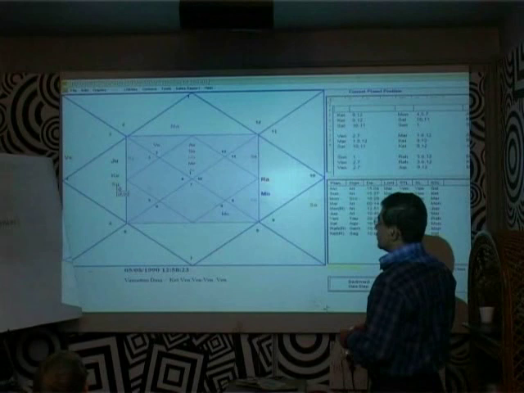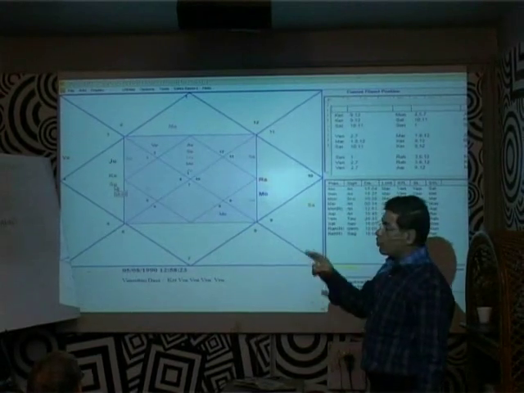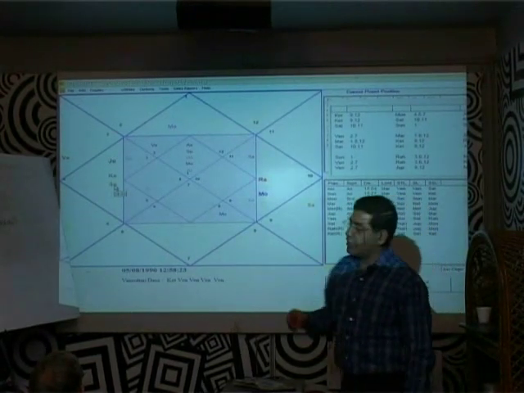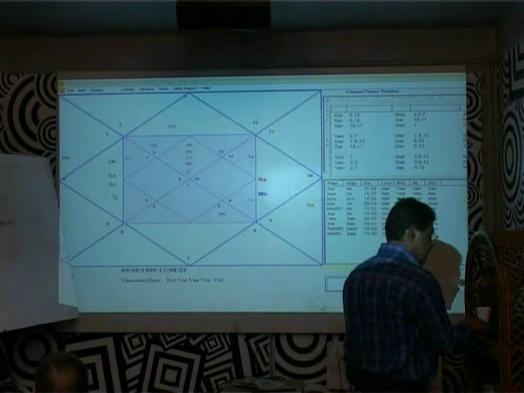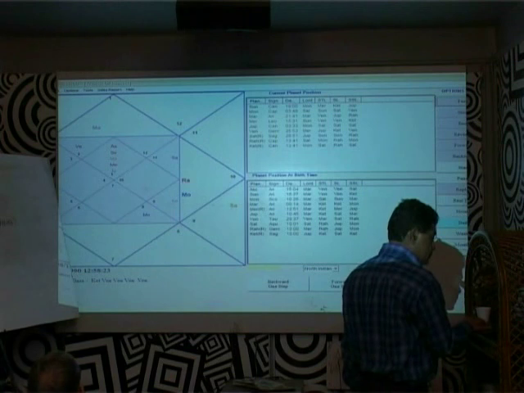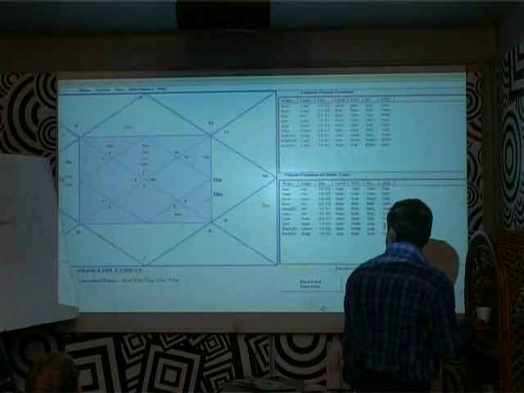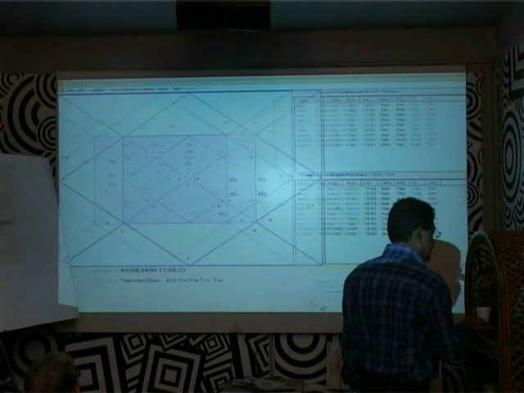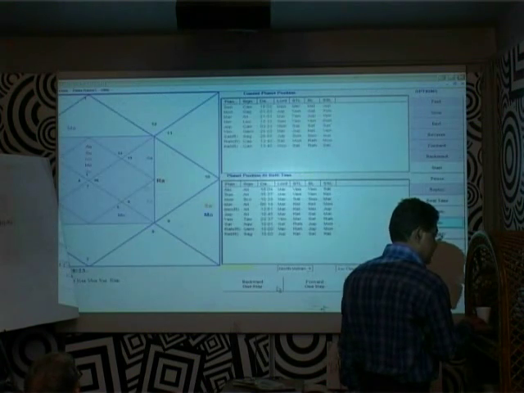Now when we see this, the one number is possible: 2 planets conjoin within a degree. Let us see. We'll move it and we'll see that in the same degree, if it is possible.